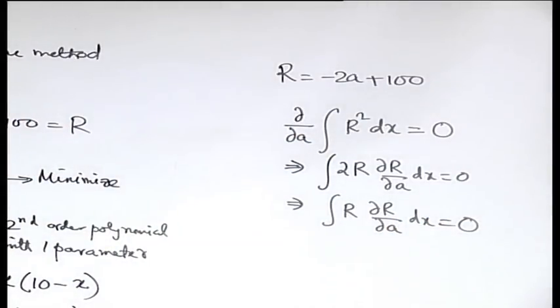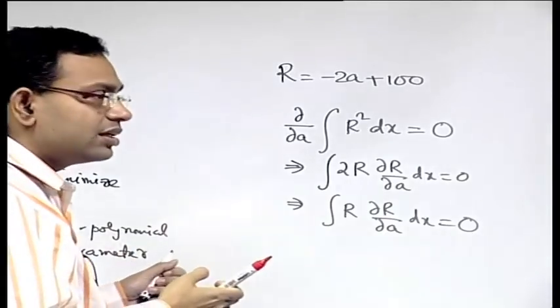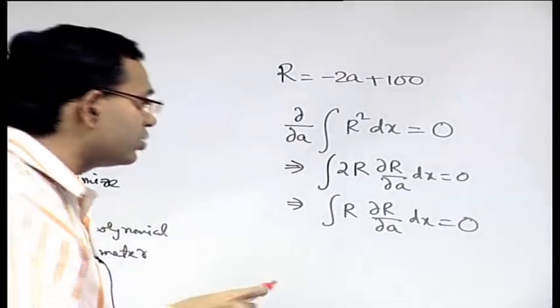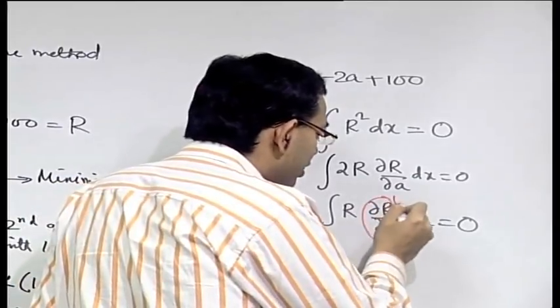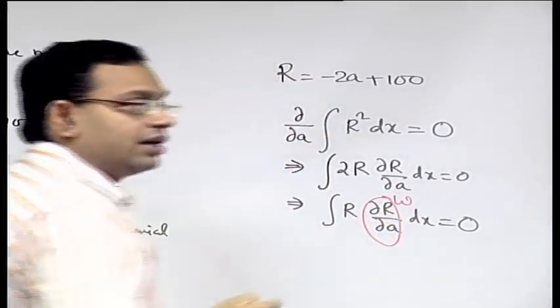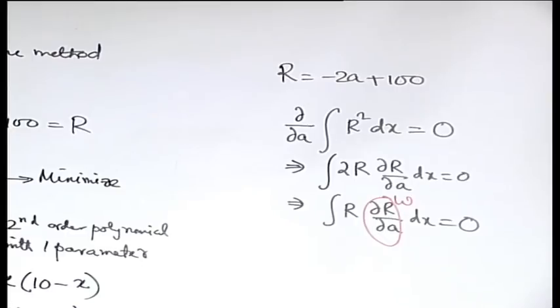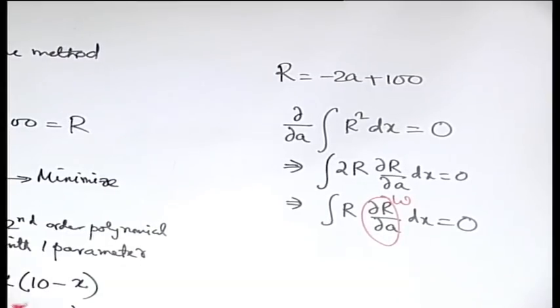So, you can see that although it is a least square method by name, it is not a weighted residual method by name, but by implication it is a special case of the weighted residual method, where the weighting function is nothing but del r del a.